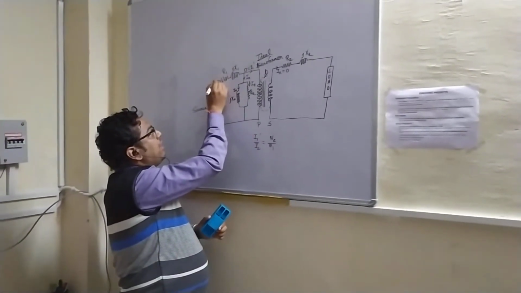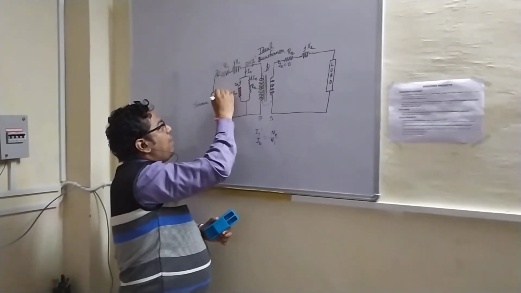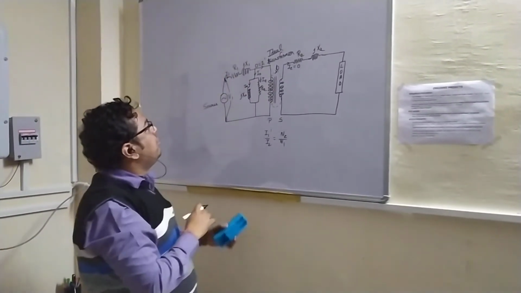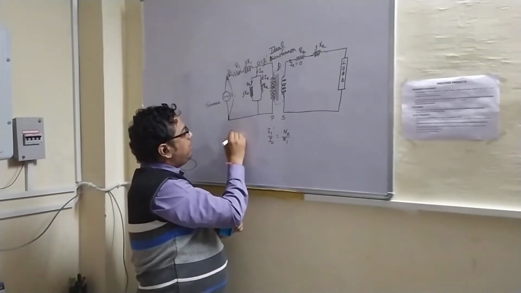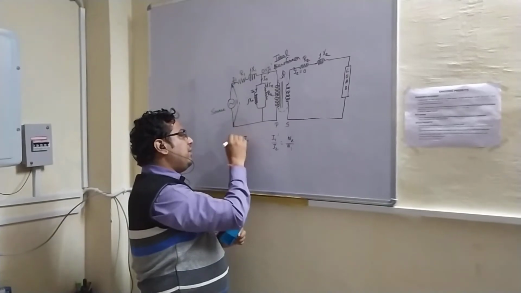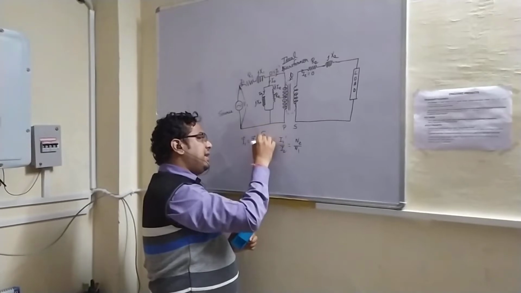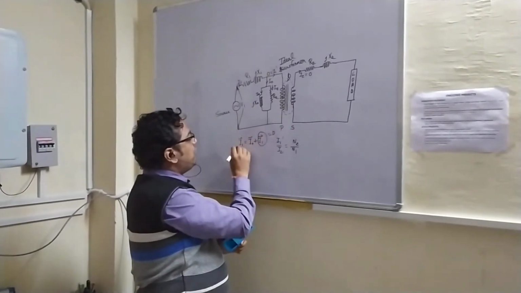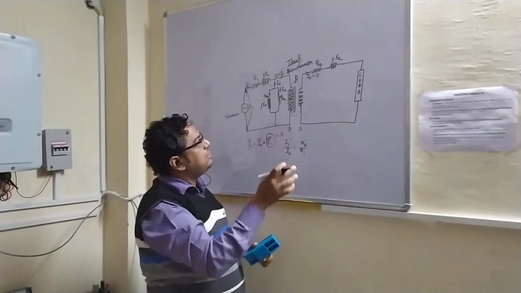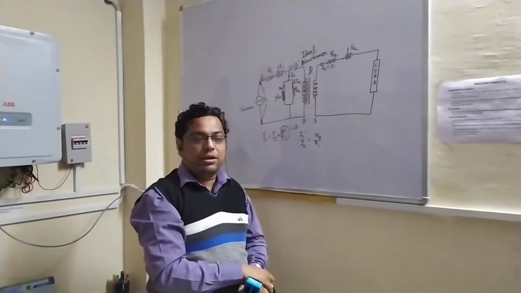So whatever current is actually drawn from the supply side, having some voltage V1, I1 will be equal to I0 only, because I1 would be the vector addition of I0 and I1 dash. Since this term is equal to 0, I1 would be equal to I0, and under such a case we refer to this I0 as the no load current.